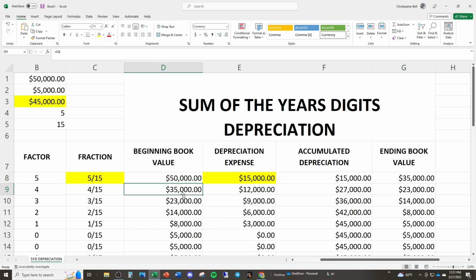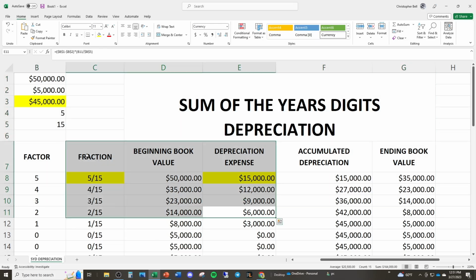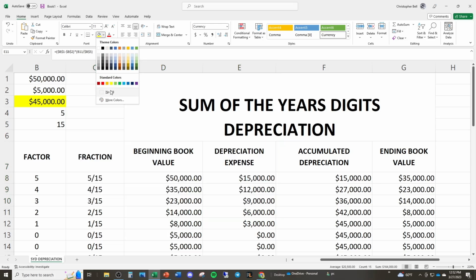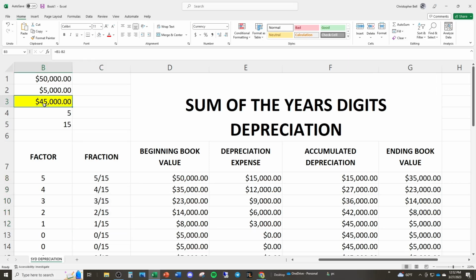And then the next year, our starting book value is $35,000. Now the question is, do you take that $35,000 and multiply it by 4 over 15, or do you multiply it by something else? Every year, you're still using the $45,000 as the depreciable basis, because if you add up all the fractions, it adds up to 15 over 15, which would completely use up the 45.